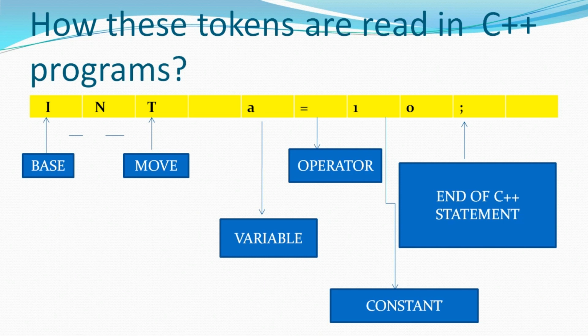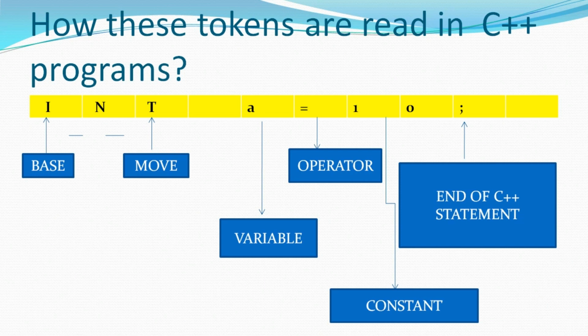Now the compiler moves forward and reads n, then t, then the white space, the blank area. Now the compiler gets to know that int is in fact indicating integer, so that's a keyword. In this way, the compiler gets to know that int is a keyword that is predefined in the compiler, and the value will be stored in the variable a.